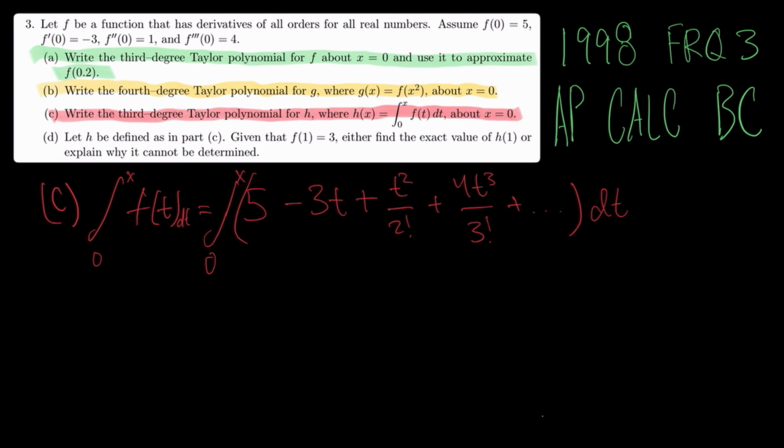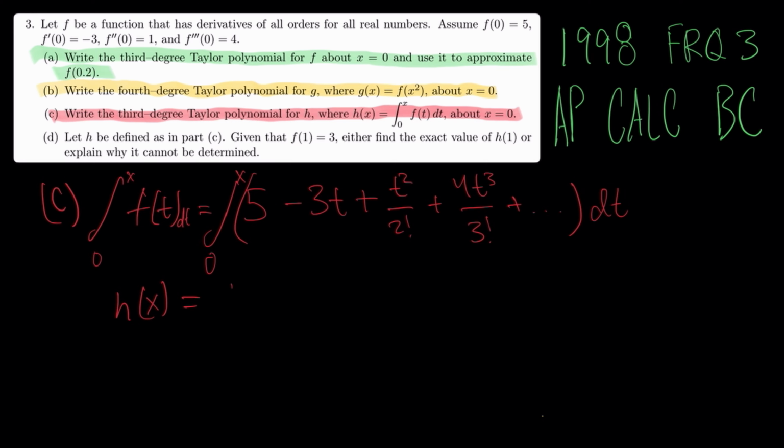And what will we get? We will get h of x equals, and now something just to keep in mind is that as we're integrating this, because we have a polynomial essentially with an infinite number of terms, when we evaluate our integrated expression at the lower limit of integration, that would be 0, we are going to get 0. So all we really need to do is integrate these terms in our minds and then substitute in x.